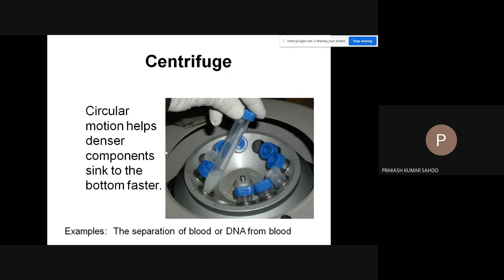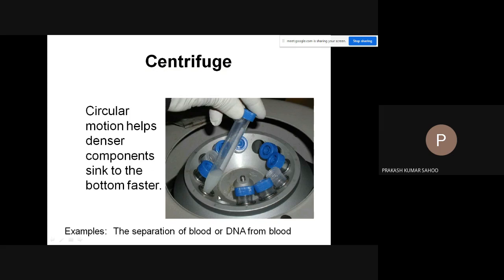Then the next will be centrifuge or centrifugation. It is application based, that is a gravitational or thermal field application. There is a circular motion with high speed.